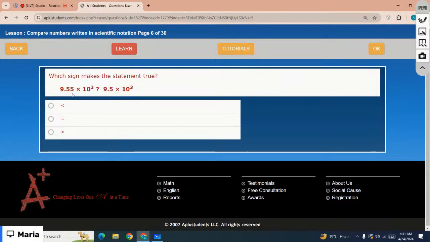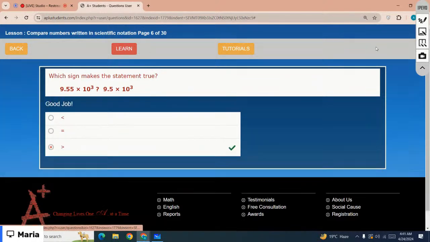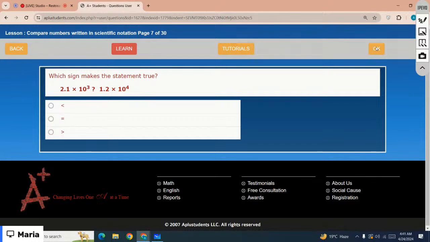So 9.55 times 10 exponent 3 is greater than 9.5 times 10 exponent 3, right? Okay, you can complete the lesson by yourself later today.